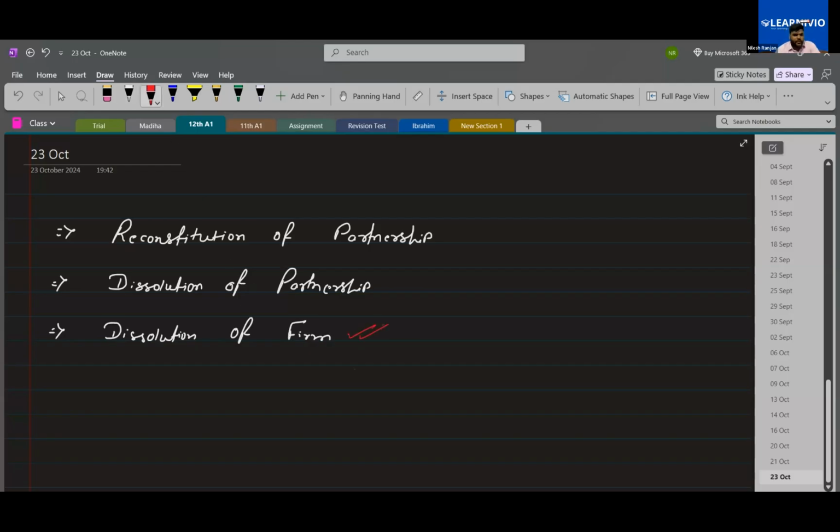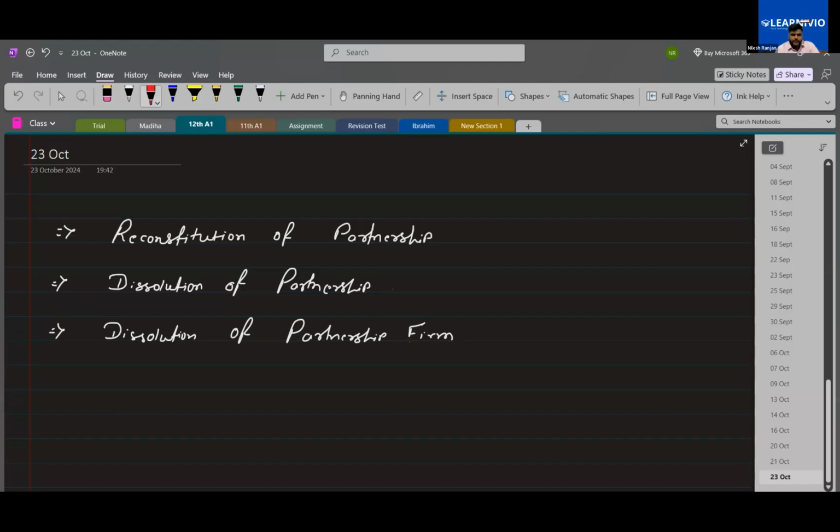Now you can see there is a difference between these two. Students get confused about dissolution of partnership and dissolution of firm.